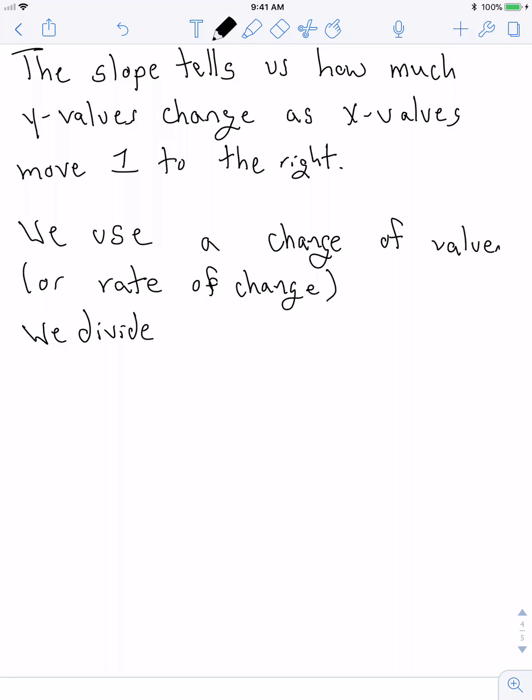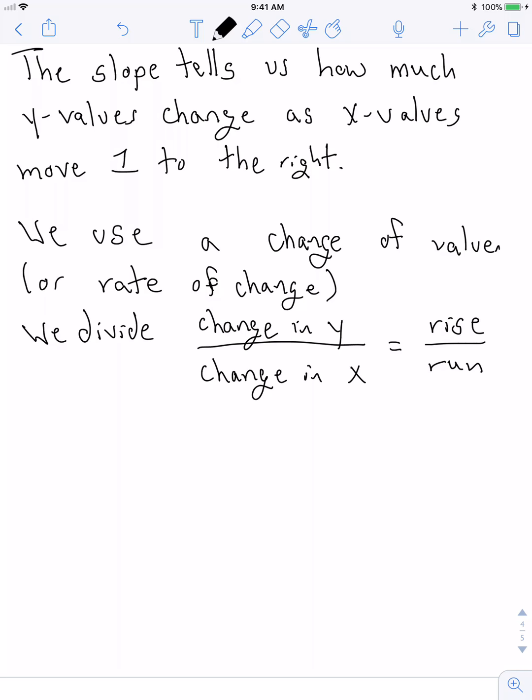We divide change in y by change in x. Or, how some people say this is, it's the rise of the values divided by the run of the values. How far have we traveled up versus how long did it take us to get there?